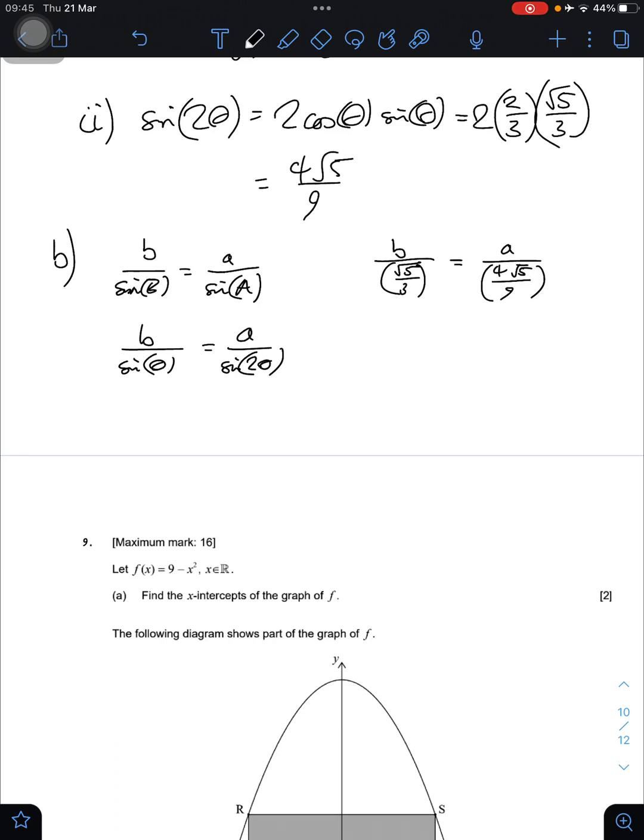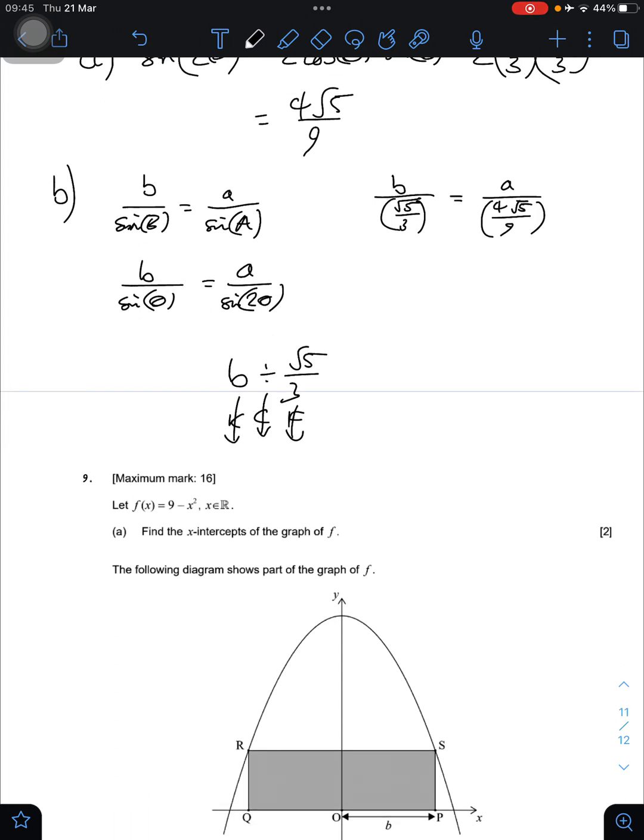So if I'm dividing by square root 5 over 3, it's the same as flipping the fraction and multiplying: keep, change, flip, or KCF, or Kentucky Chicken Fried, whatever you want to know it as. That would be b times 3 over square root 5. And so you would just get 3b over root 5. And then on the other side here, we would get 9a over 4 square root 5.